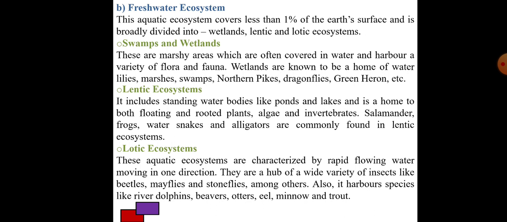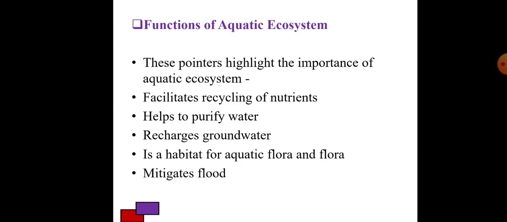These aquatic ecosystems are characterized by rapidly flowing water moving in one direction. They are a hub of a wide variety of insects like beetles, mayflies and stoneflies among others. So also it harbors species like river dolphins, beavers, otters, eel, minnows and trout. Okay, these are some examples of lotic ecosystem.